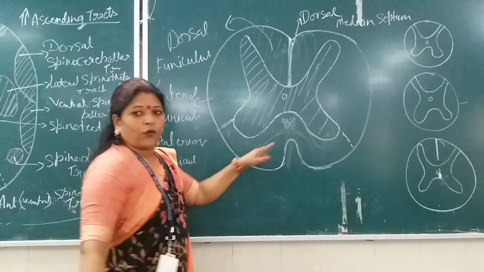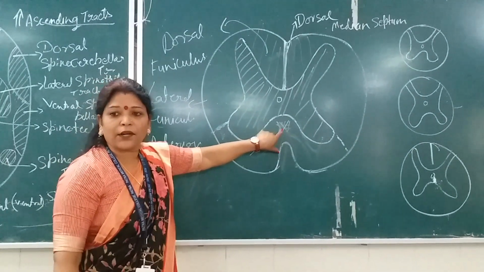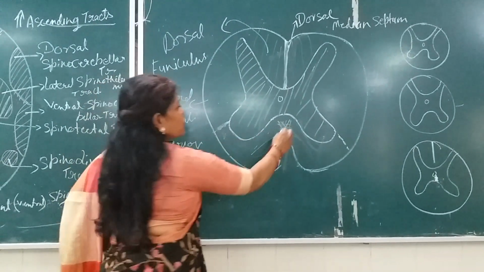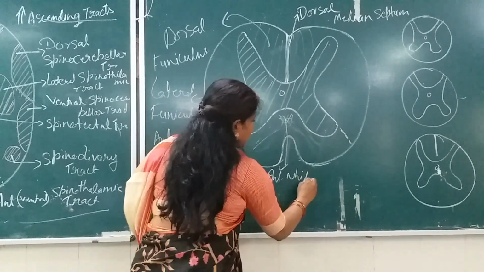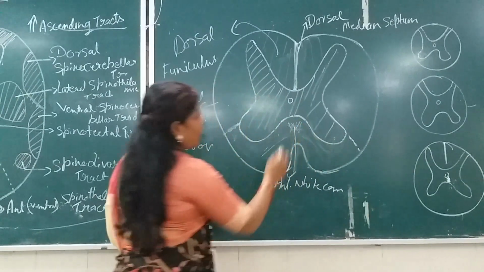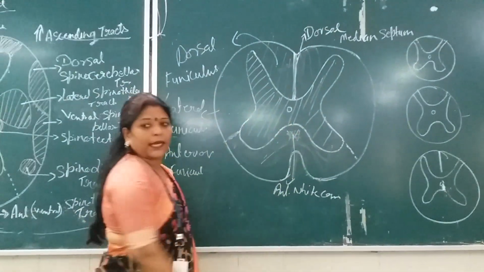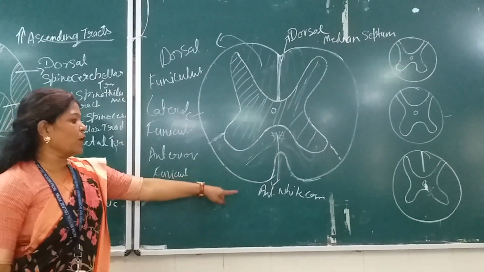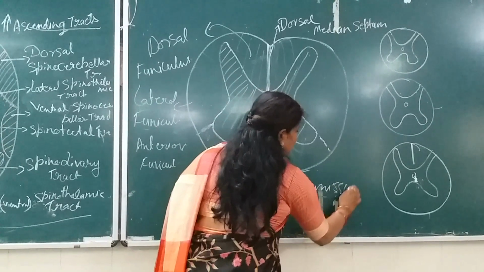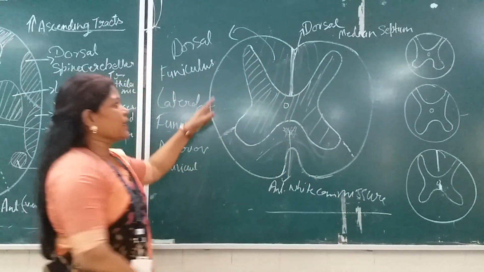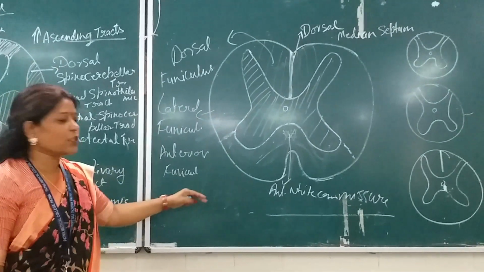This is the ventral or the anterior white commissure, because it is part of the white matter. How is it formed? It is formed by the crossing of the fibers in the midline anteriorly, and that is known as the anterior white commissure fibers. Okay, so these three funiculi are the white matter of the spinal cord.